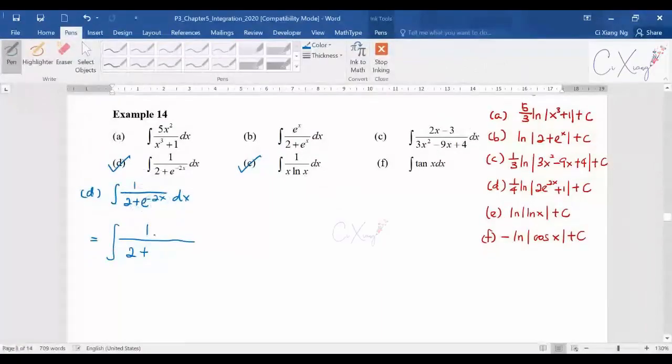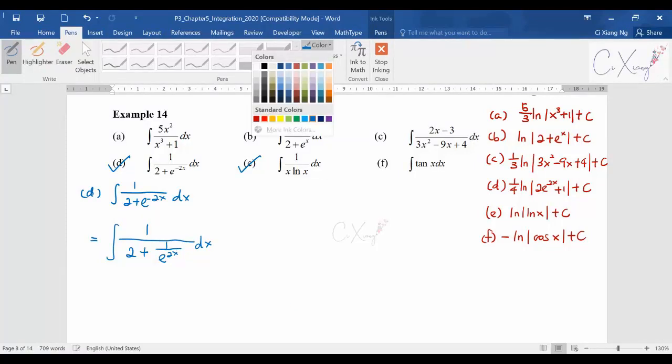So if you look at this, generally you cannot apply the f prime x over fx pattern. But this is a question that is quite tricky because you need to do the adjustment by using some other method. Before I show you the adjustment, I cannot do anything here, but the e negative 2x, I can change it to become 1 divided by e 2x.